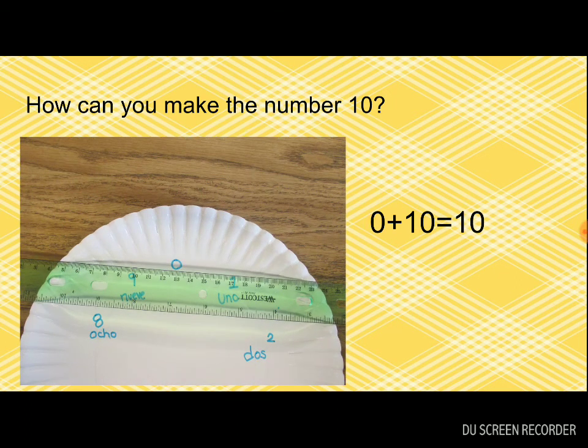And then the last one I personally would teach would be the 0 plus 10. Why? Because the younger the students are, or if they don't have any background knowledge, it is harder for them to understand the concept of the 0 and how it works.